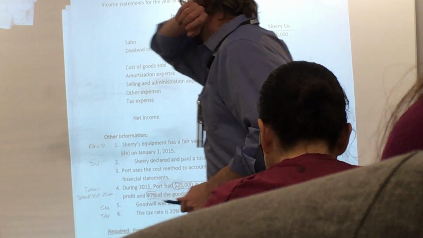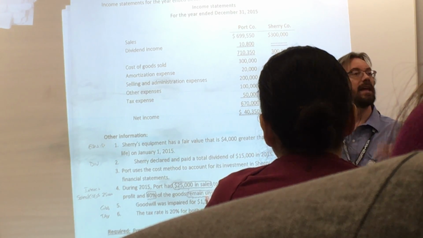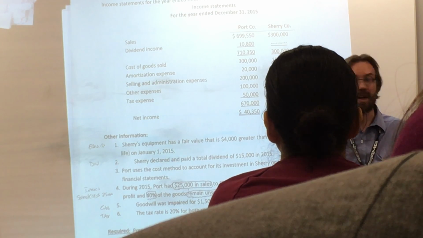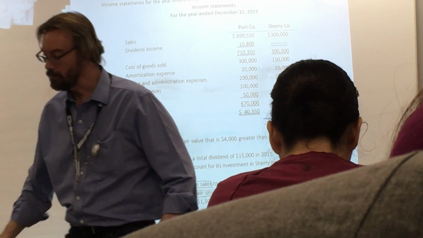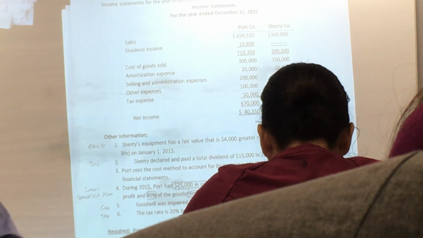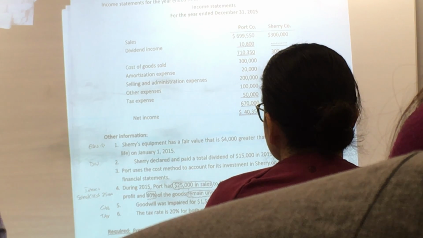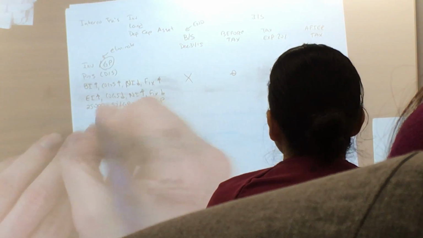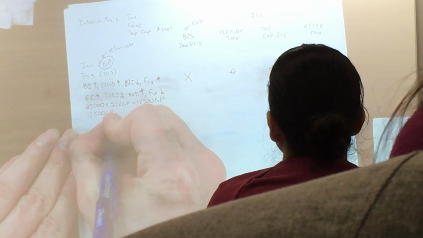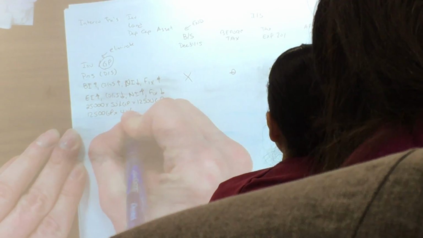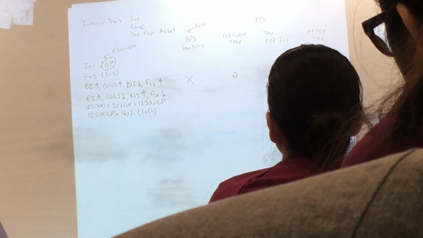So watch out for that. We're looking for something that says it remains, what's left unsold. Okay, so it's the 12,500 in the gross profit, but we're going to multiply by the 40% because that is what is left, what is unsold.